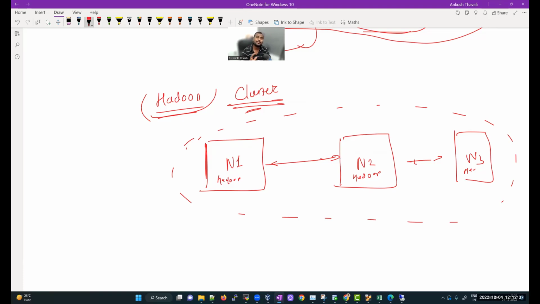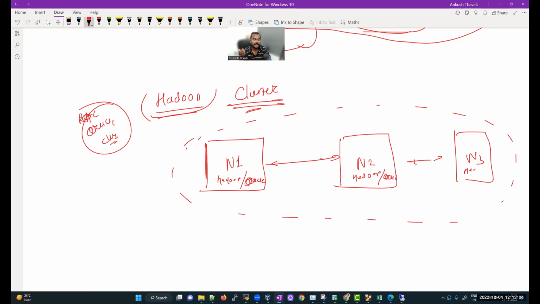Cluster is a very common terminology in any technology. Nowadays I'm working with Oracle, so there we call it an Oracle cluster, because instead of Hadoop we are installing Oracle there.